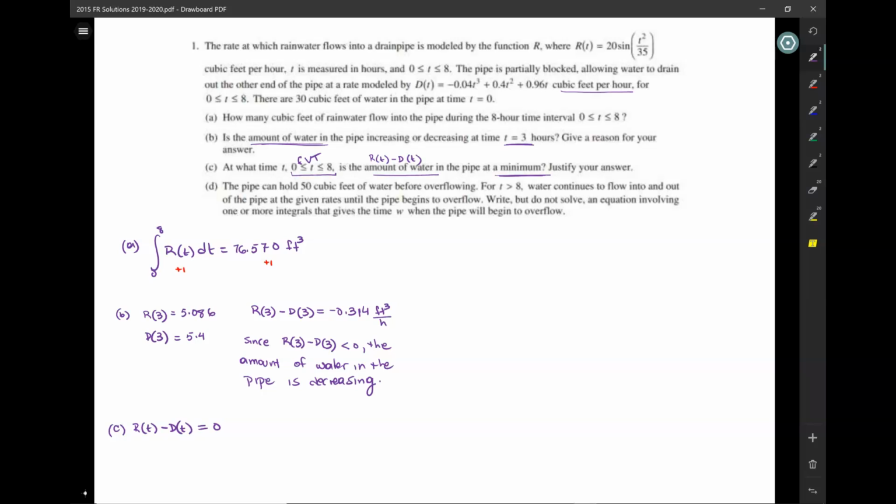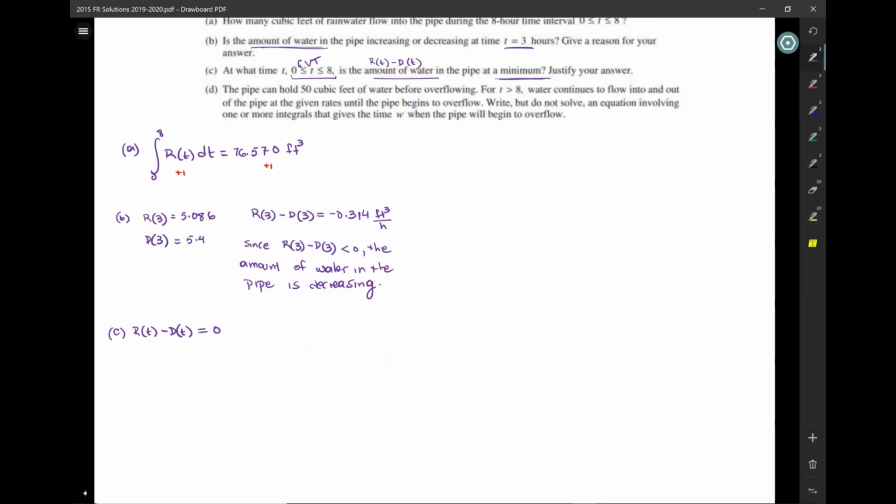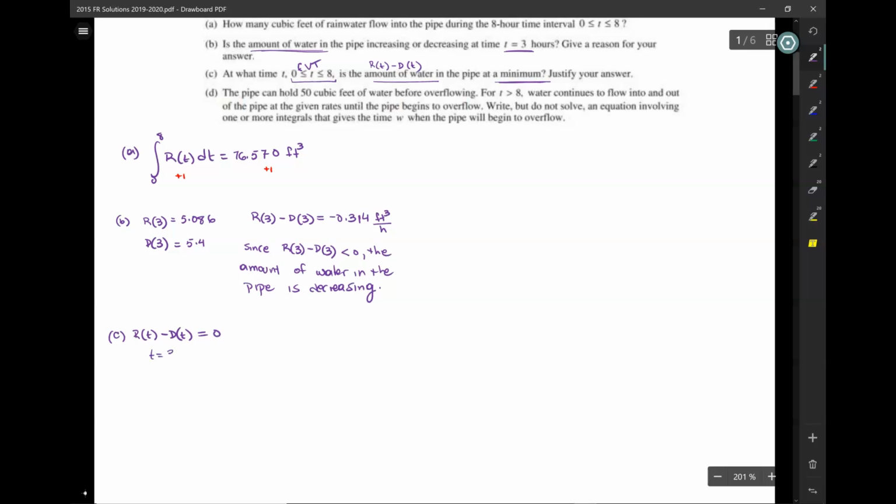So we don't need to take another derivative, because that's already the derivative in a sense. We want to see when that equals 0. Equaling 0 means R of t equals D of t, so you have to find the point of intersection. And that's t equals 3.272.